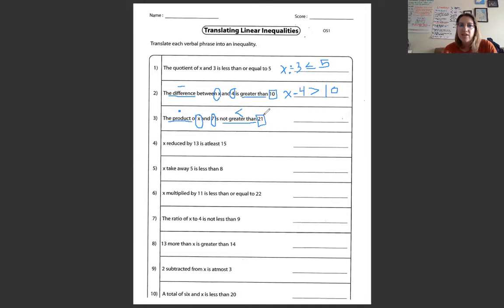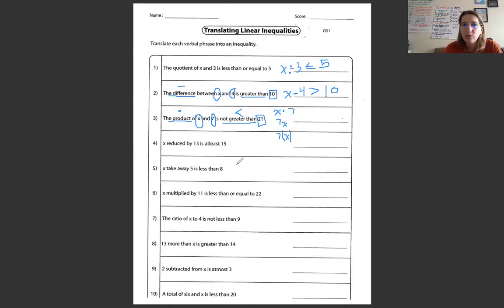All right. So there's a couple of ways we can write this to represent the product of x and 7. We can either do x times 7 with the dot. We can write 7x. Remember, if they're right next to each other, that equals multiplication. Or we can do 7 and then use parentheses around x. Either one of these three ways would work.